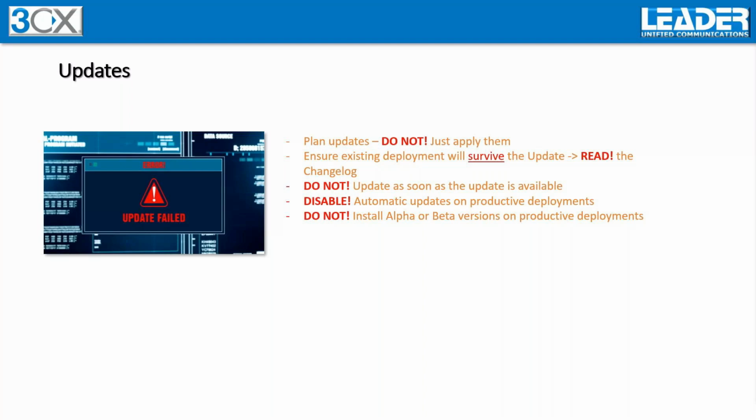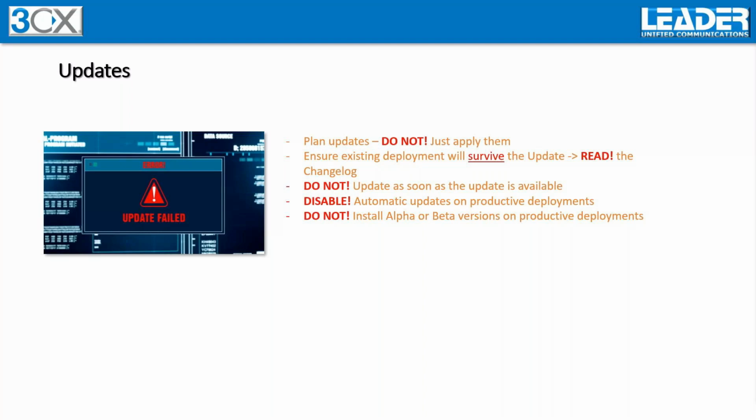Also, do not install alpha or beta versions on productive deployments. We have seen multiple times that people click on update now when a beta version is lined out in the update section. I get the point that 3CX lines that out as saying your version is out of date, and I have not been happy with that since ever, but you also have to read what you do.